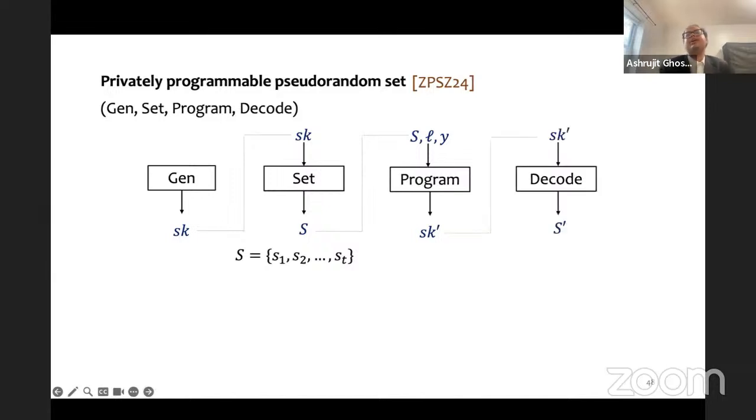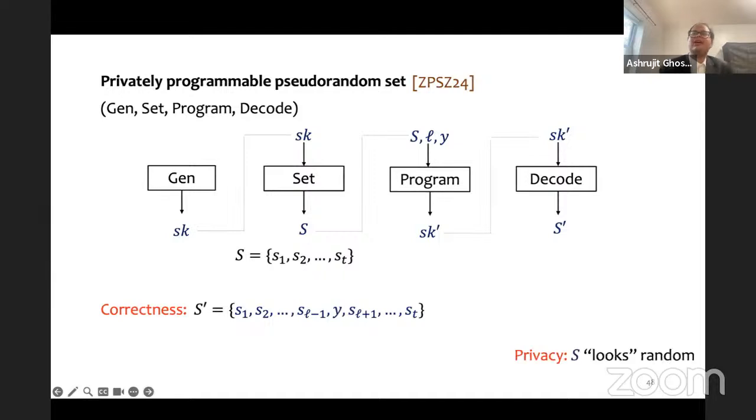Decode takes as input a program key sk prime and returns a set s prime. The correctness requirement is that the set s prime returned by decode is the set s with the element at index l replaced by y. Very informally, the privacy requirement is that the set s looks somewhat random.